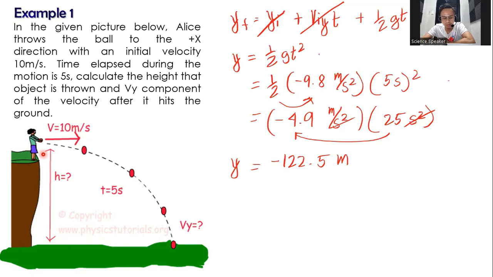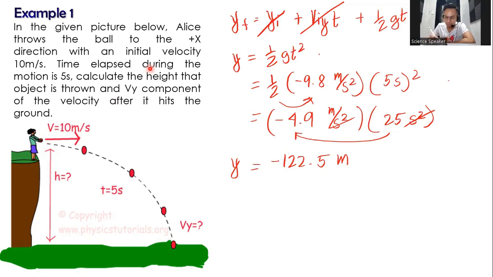But again, I would like to emphasize that it is negative because the movement of the ball is below the point of origin. But the question is the height. We do not use a negative value for height because height is a scalar quantity. So we simply change the y into h. The negative y means the displacement of the ball in the y-axis.